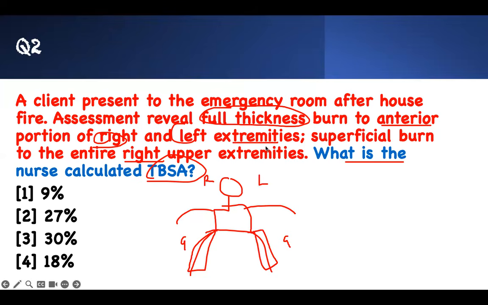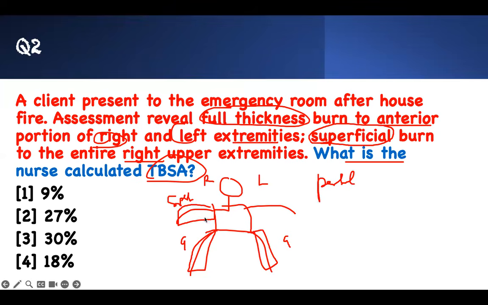Then they say what? Superficial burn to the entire right upper extremity. So the whole of this, front and back, superficial burn. The keyword is superficial. We don't include superficial in the burn wound calculation. We use full thickness and partial thickness.